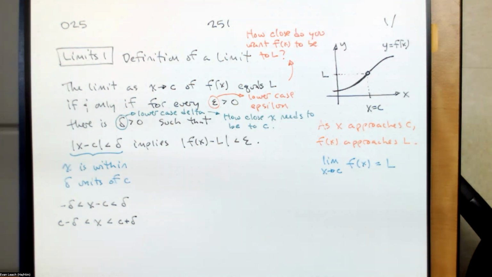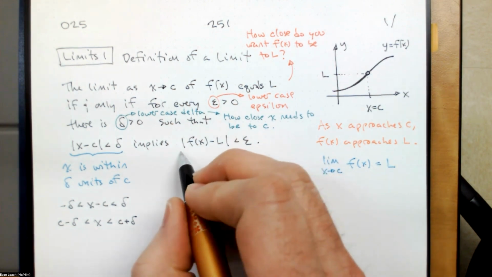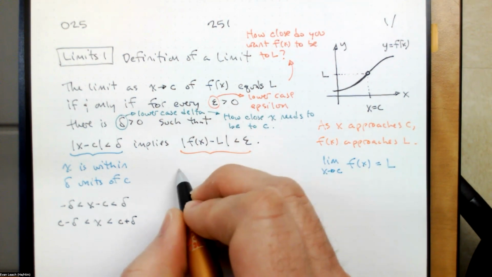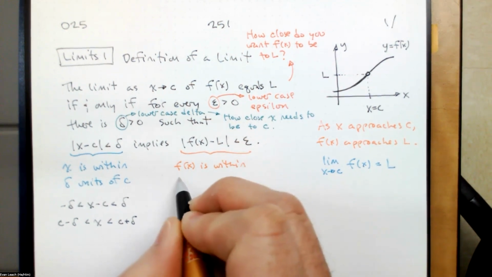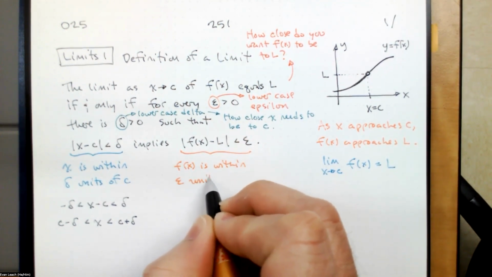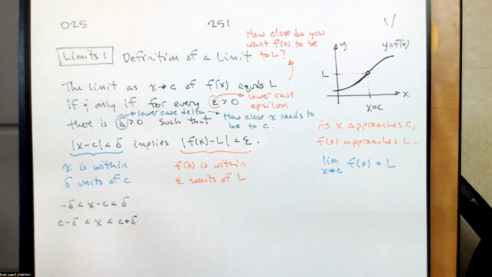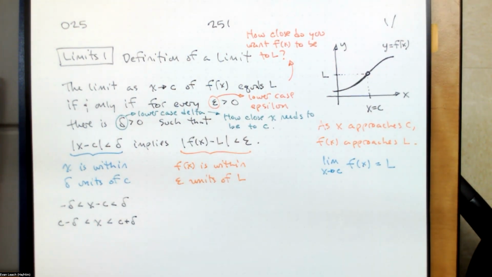Similarly, when we write absolute value of f of x minus L less than epsilon, we're saying that f of x is within epsilon of L. We solve our absolute value inequality the same way because it's set up in the same way.